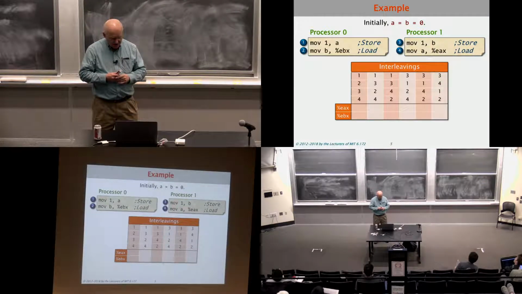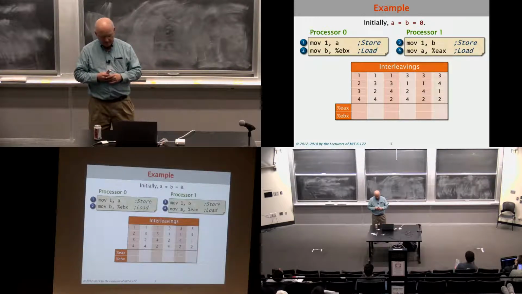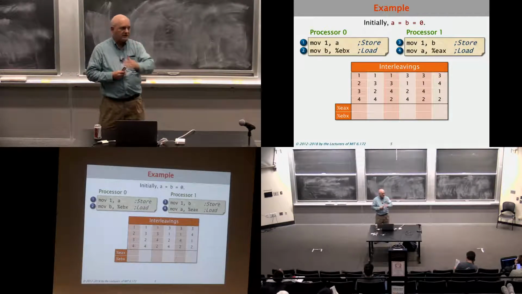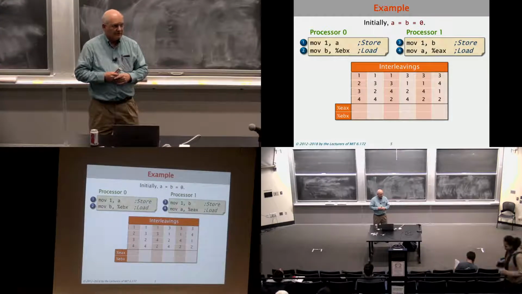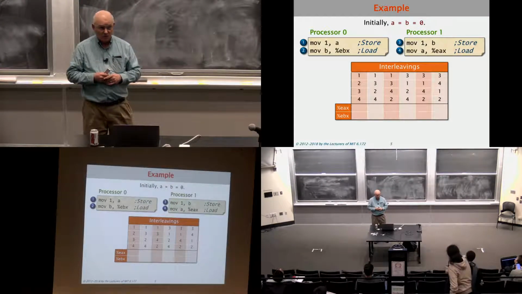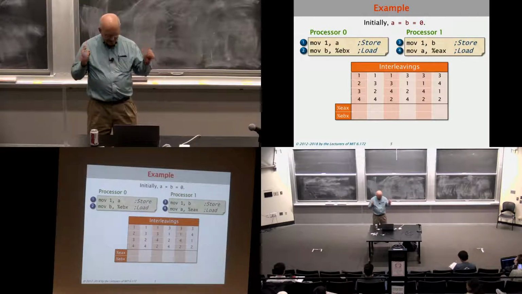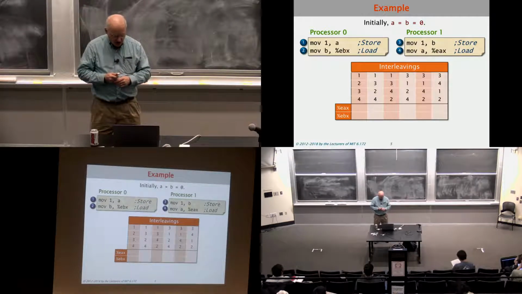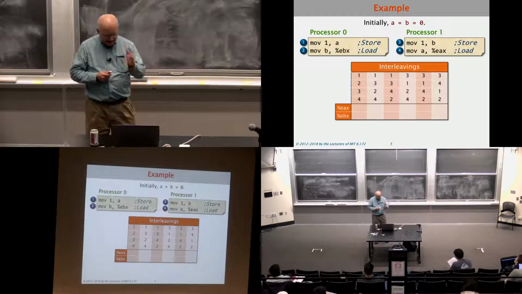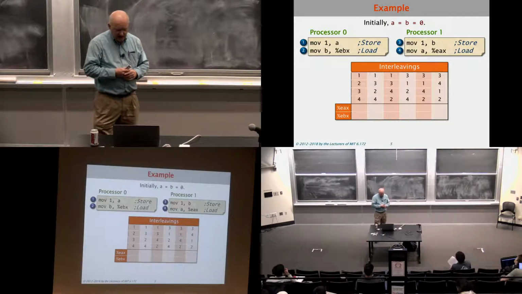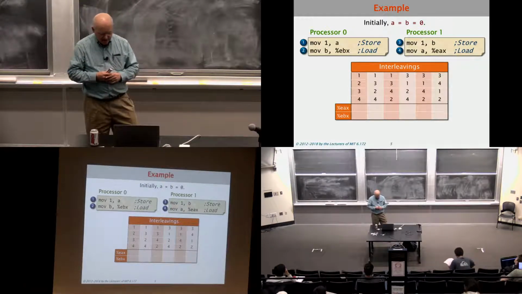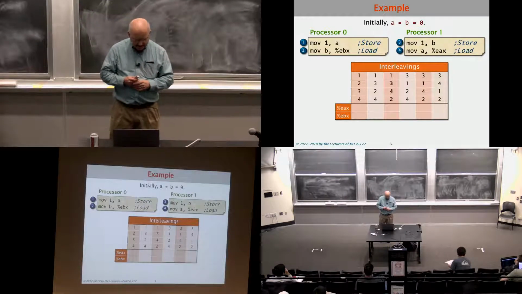Okay? But notice that in every one of these orders, 1 always comes before 2, and 3 always comes before 4. So you have to respect the processor order. So if I execute in the first column, if that's the order, what's the value that I end up with for EAX and EBX?